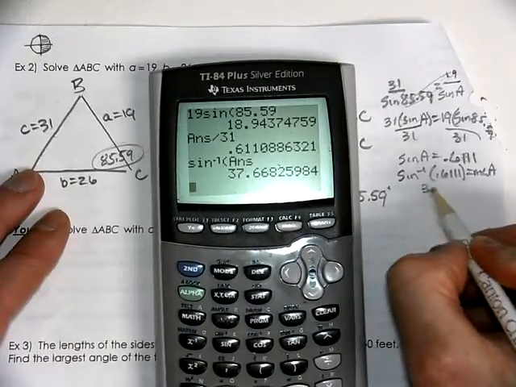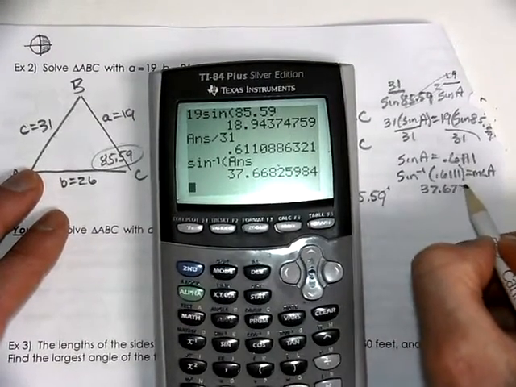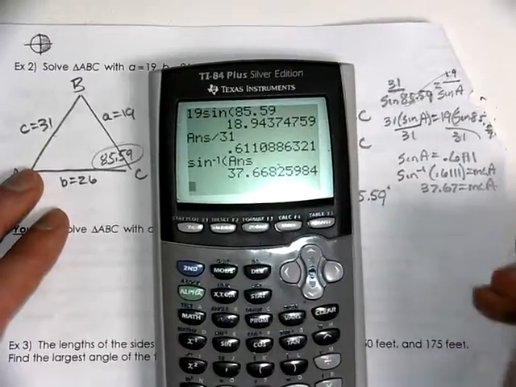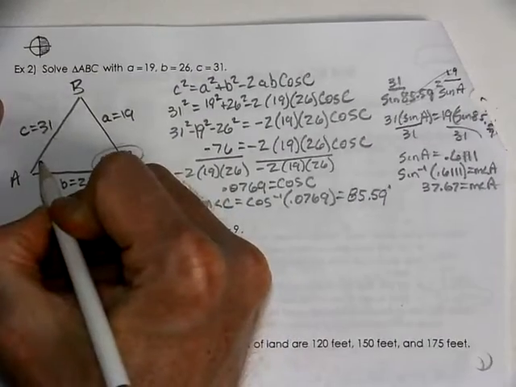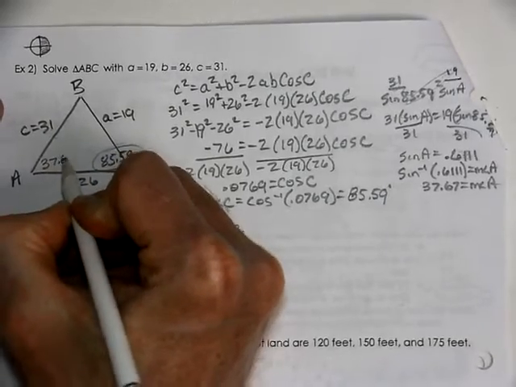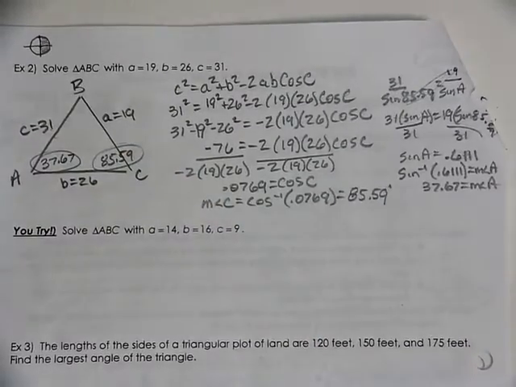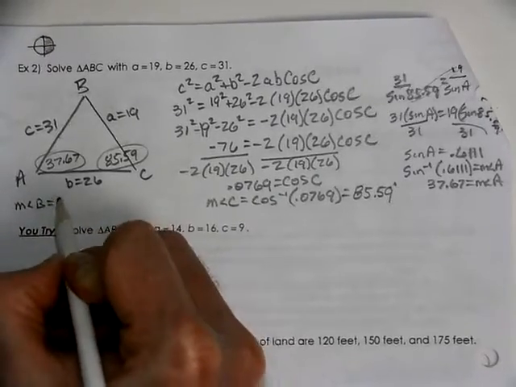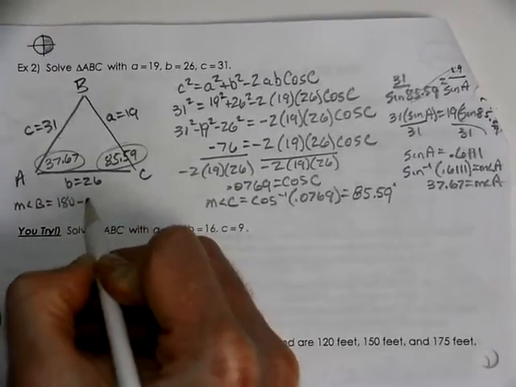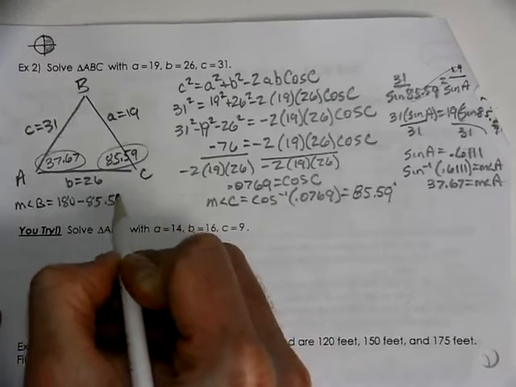And that's going to give me 37.67 degrees. So that's angle A, 37.67. And then to find my last angle, the measurement of angle B is going to be 180 minus what we already know.